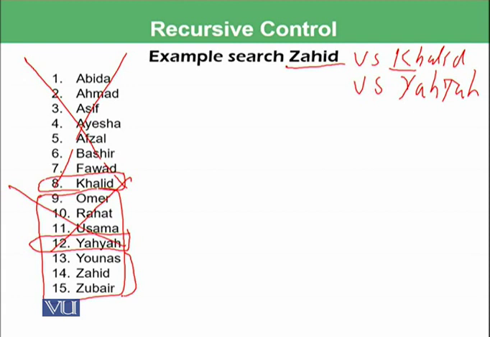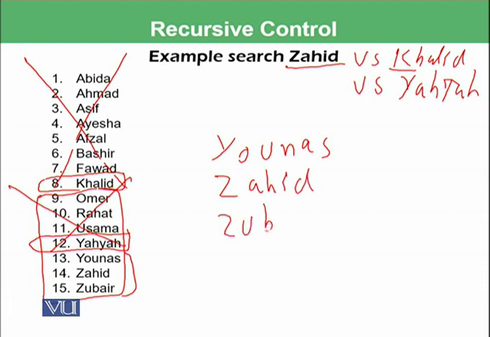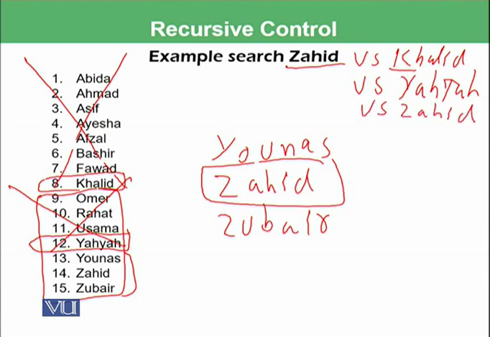So in the third step, we have only Yunus, Zahid, and Zubair. And again, we will find the midpoint, and that midpoint is Zahid. When this Zahid will be compared with the Zahid which was our query, that will be completely matched, as the ASCII values of both Zahid and Zahid are equal. So we found our match.